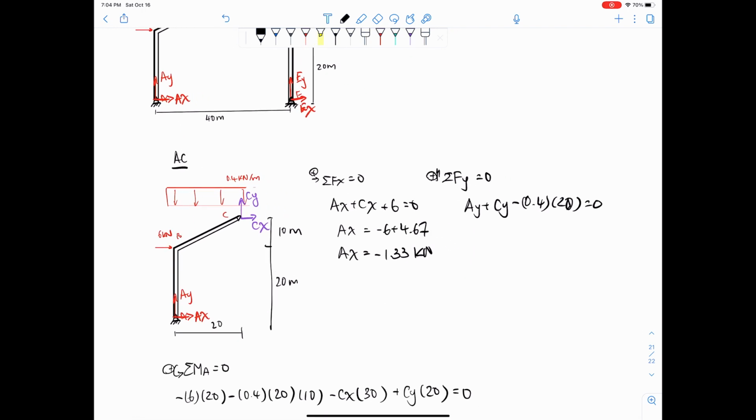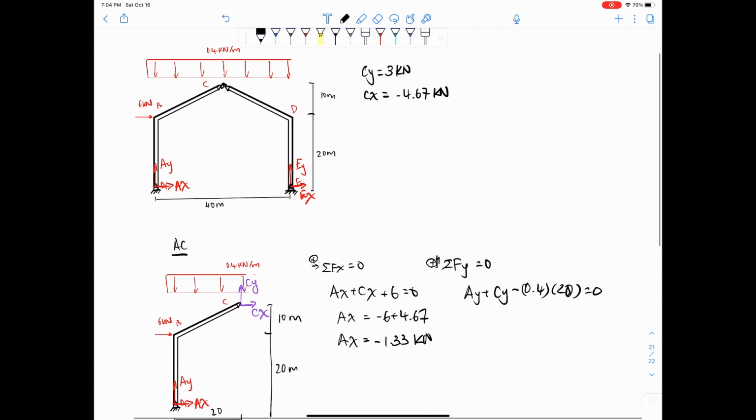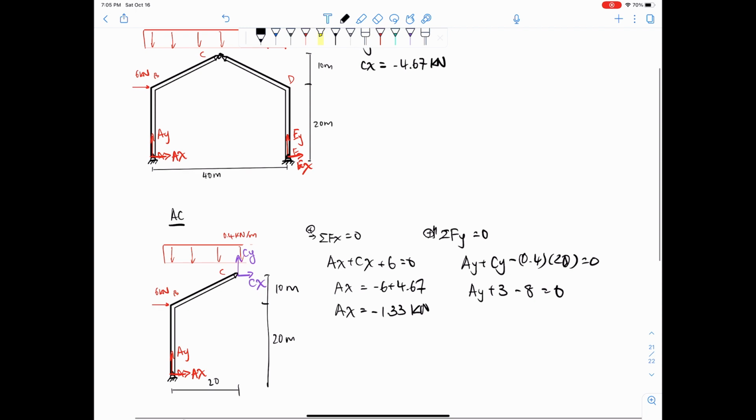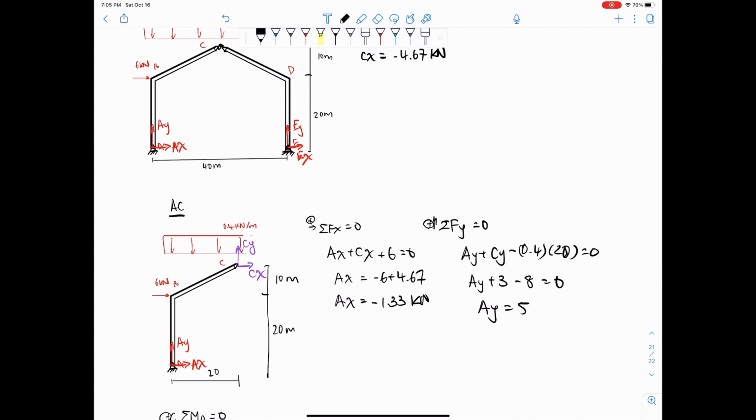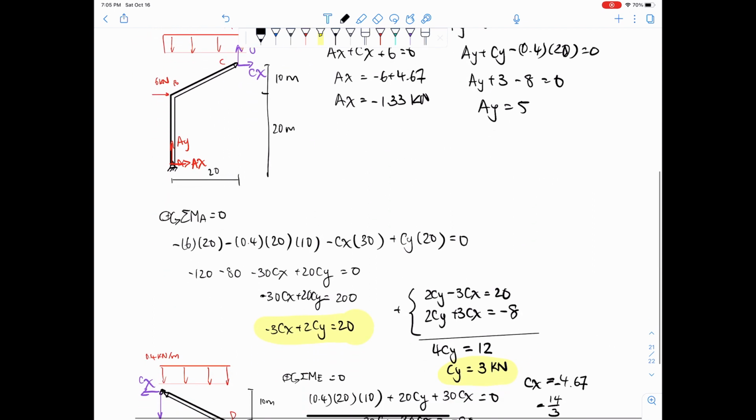And cy equals 3, so ay plus 3, and then 0.4 times 20, so minus 8 equals 0, and then ay would equal 5, right? So once we have that, we can move on to the other half of the beam.